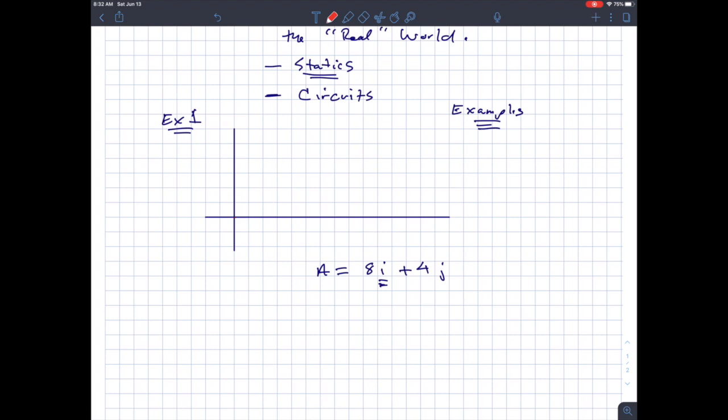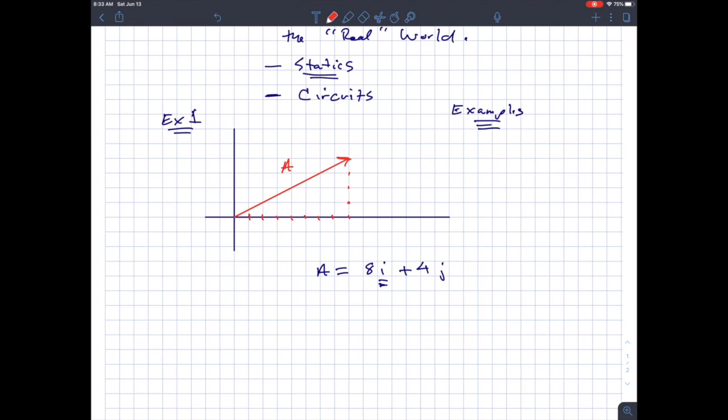Let me get rid of that and count 1, 2, 3, 4, 5, 6, 7, 8, and then I'm going to go up j. j is a vector in the y direction, so there's the j vector. Count up 4: 1, 2, 3, 4, and we have the vector A. I'm assuming you've seen something like this before.